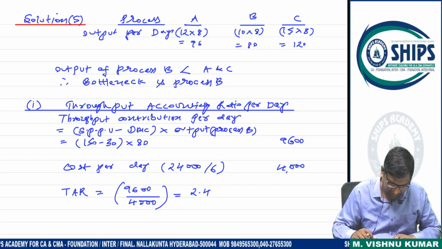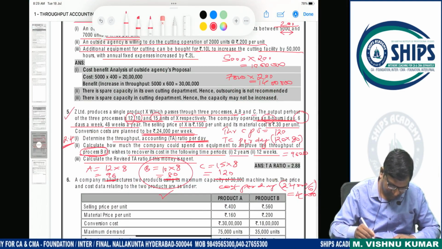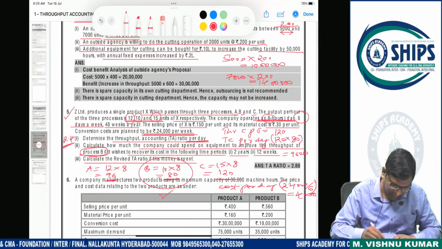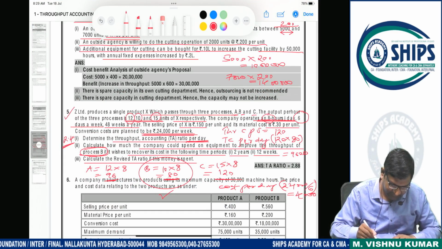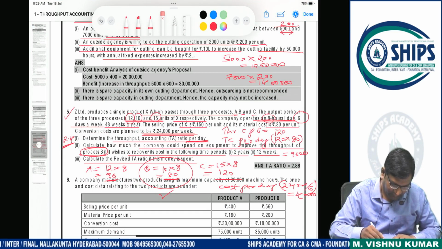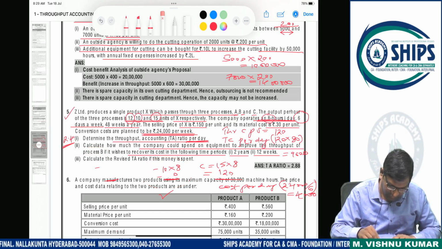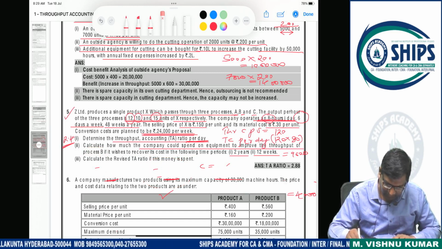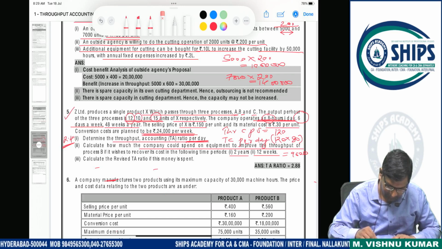So now we are starting the second point. The second point is how much cost a company has to incur.